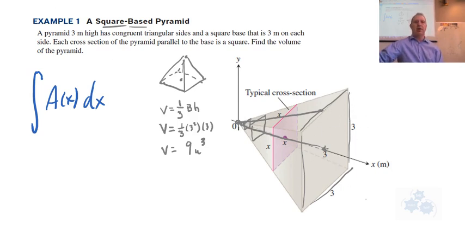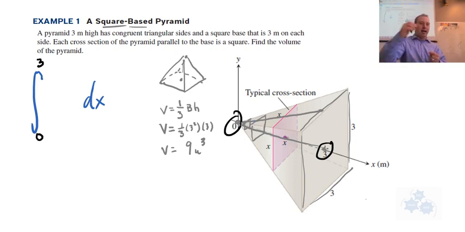Again, we want to look at it sideways like this, and we say the differential is x, and the limits of integration are from 0 to 3. We're going to find the area of the cross sections, which we know is what? Well, they're squares, so they're going to be x by x. So this is going to be x squared.